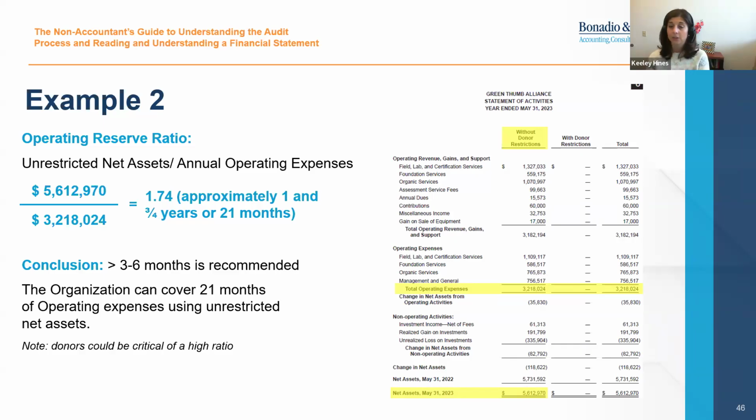On the flip side, there could be criticism at some point that could say, you're a nonprofit. How are you not using these net assets? So again, exercising caution that it's not a complete free-for-all and that the higher the number is, the better, and it means you're winning.